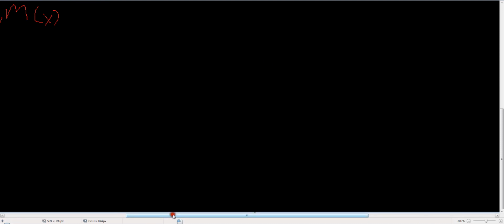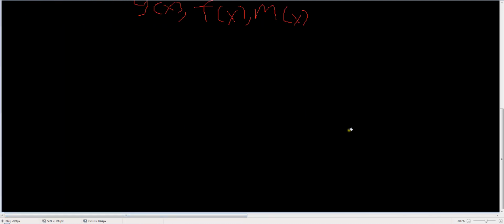Okay. So we still have three functions, but this time the functions are different. It's the same type we're doing. We have g of x and m of x given.